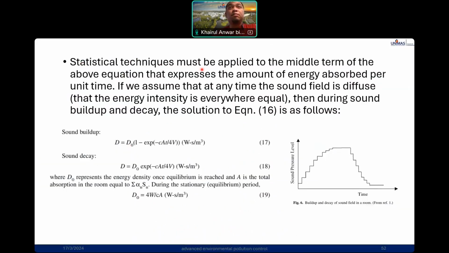So a statistical technique must be applied to the middle term of this equation, that expresses the amount of energy absorbed per unit time.